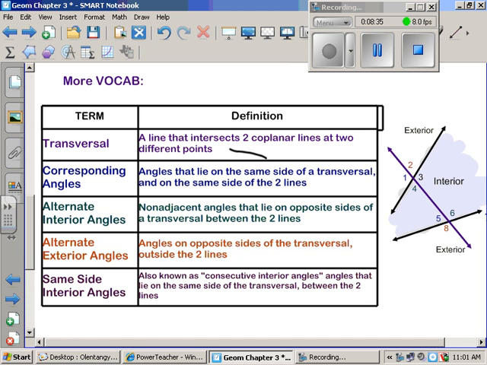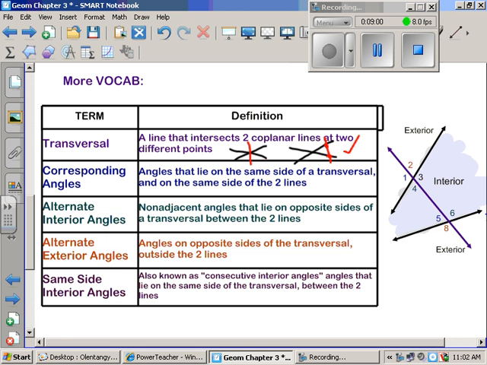So as an example, if I had a line that intersected both these lines but intersected it right there, that's not a transversal, okay? In a transversal, if I had the same 2 lines, they had to intersect those 2 lines at 2 different points.